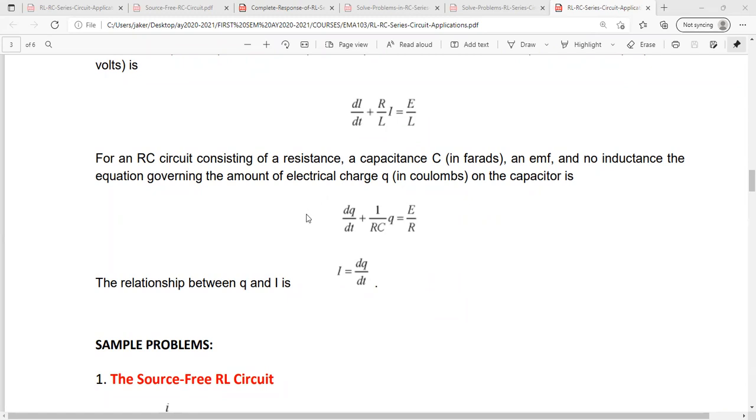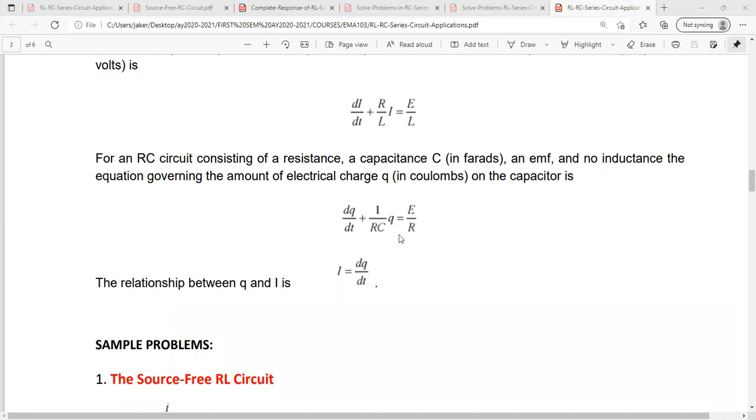Our mathematical model will be based on the rate of change of the charge of the capacitor with respect to time. So you have Q, and it also has the EMF on the right side. Just like this first DE, it's also first order in form. But whenever this EMF is a constant, or even more so if it's 0, you can actually solve these 2 linear differential equations using separation of variables.